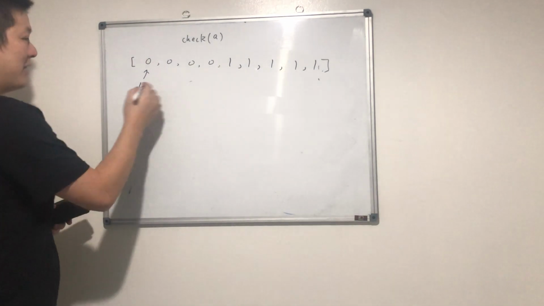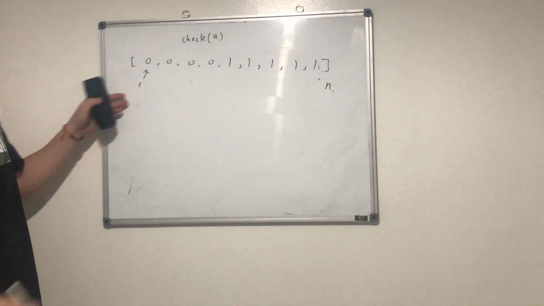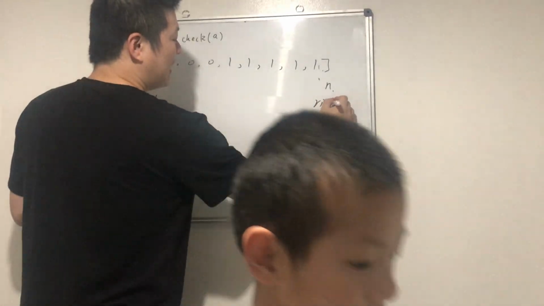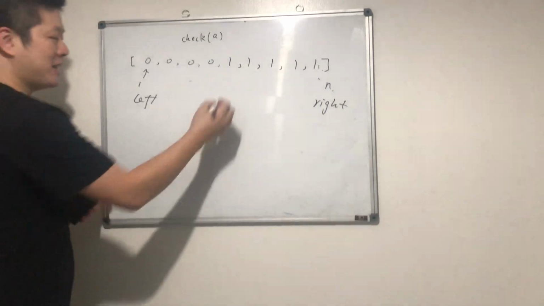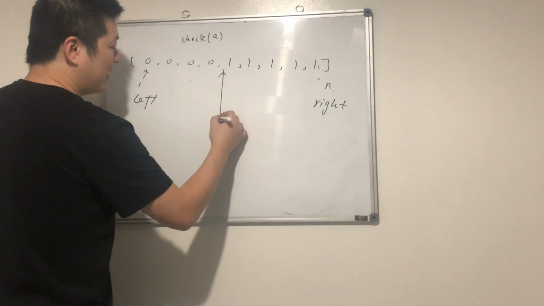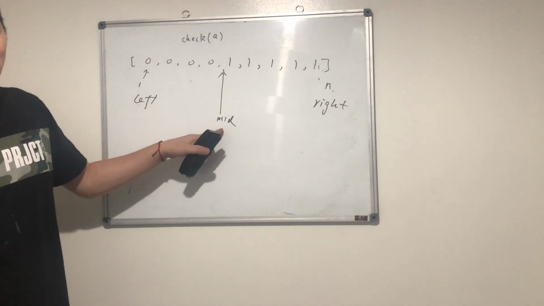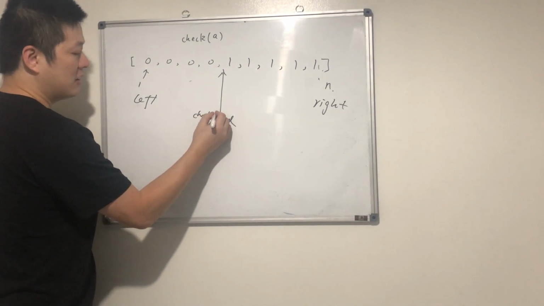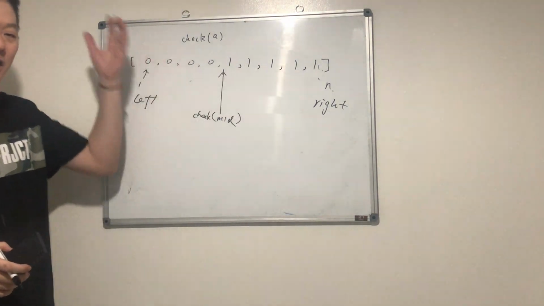Yes, I guess so. Look, this is n. First of all, we have a left and a right. Now, what's the middle? The middle is somewhere here. So if check middle is 0, what does it mean?